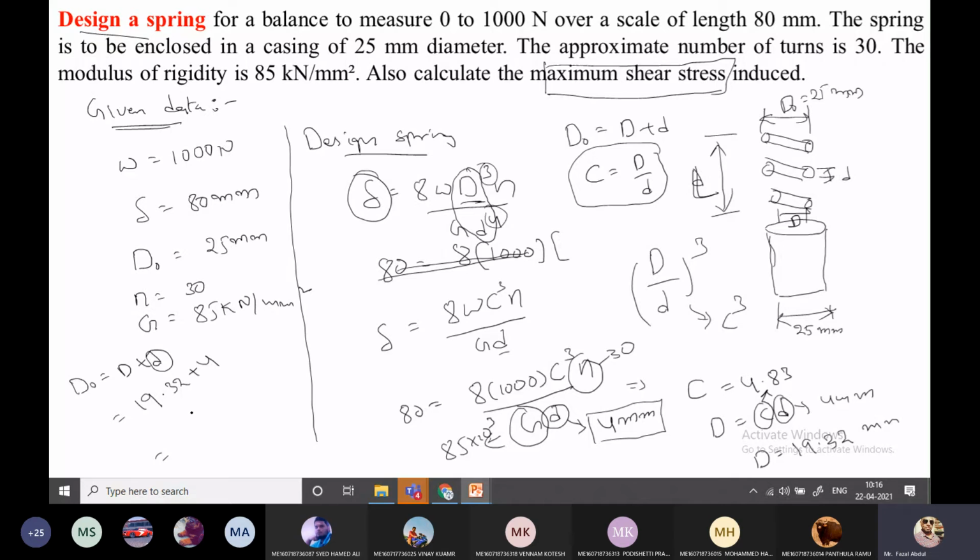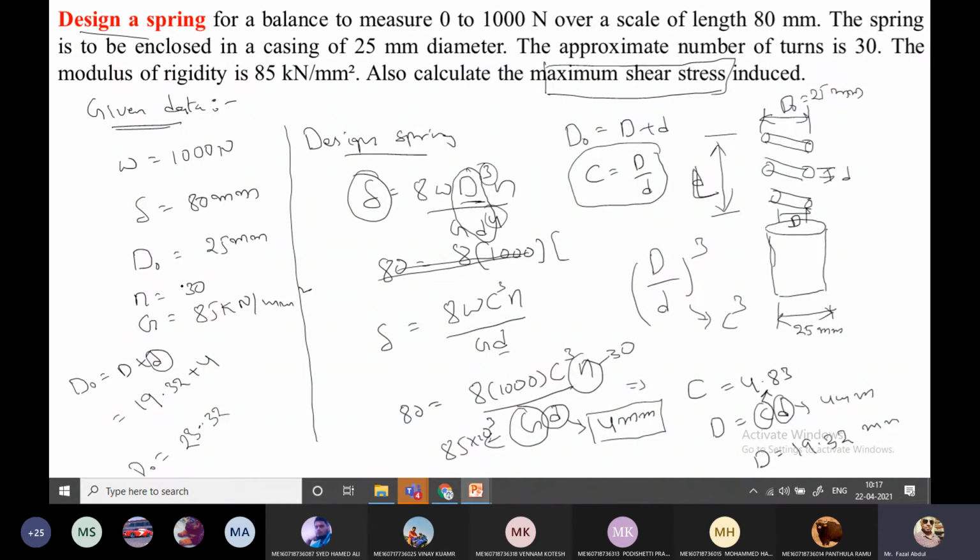If you add these two, 19.32 plus 4, we'll get 23 point something. 23.32, I think. Okay, that is the outside diameter of the spring.